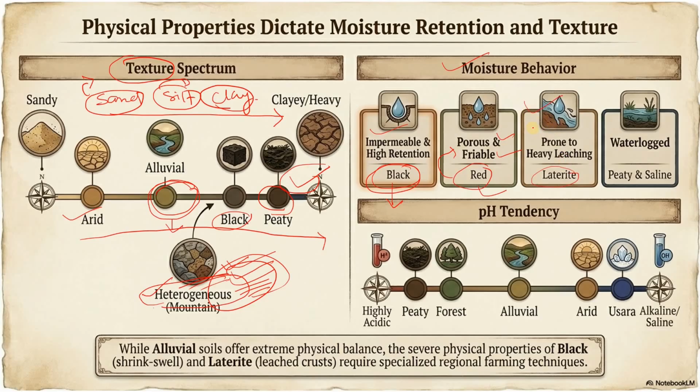What is the moisture behavior? While we were discussing laterite soil and red soil, I said there is a difference between them, and the difference is that laterite soils are very much prone to leaching.